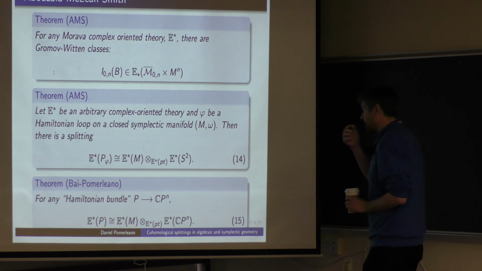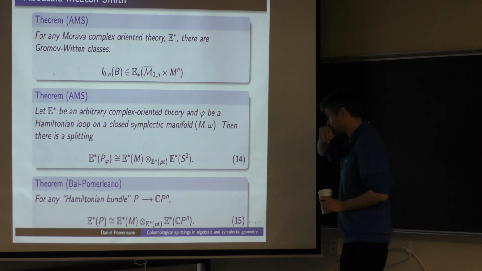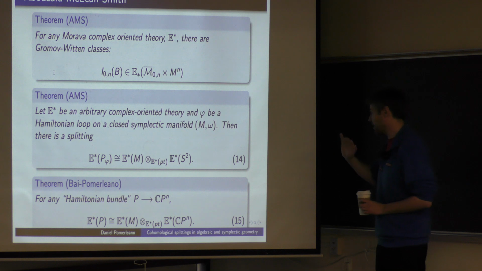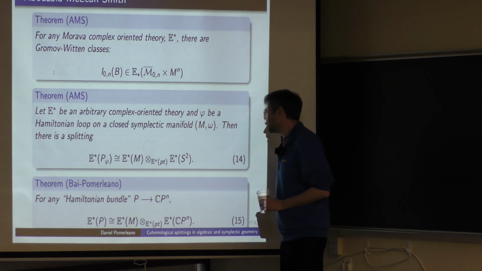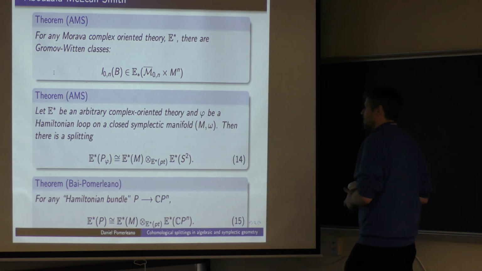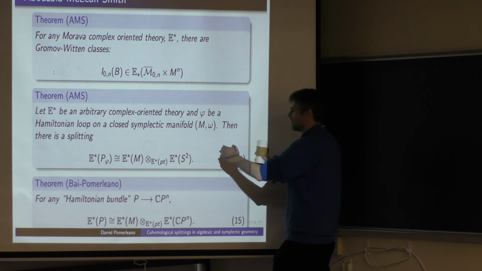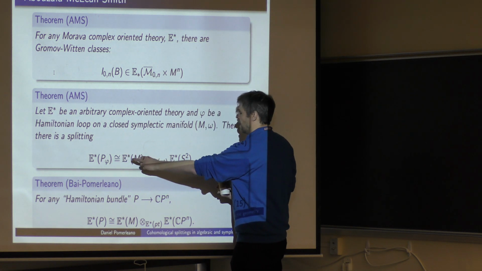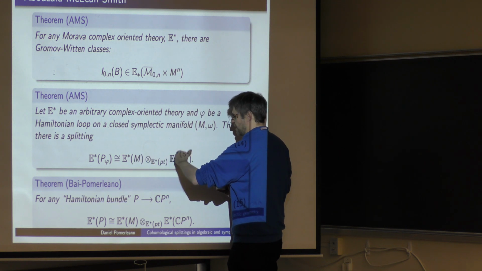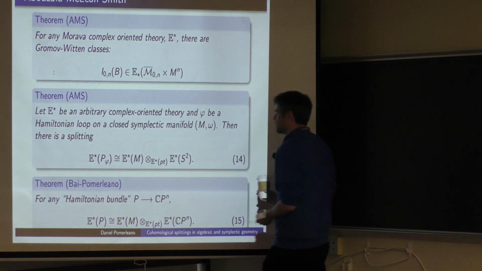And using that idea, again, there are some additional steps, but you can prove that if you're in the same setting, the cohomology with any complex-oriented coefficients behaves as a product. It's formal.